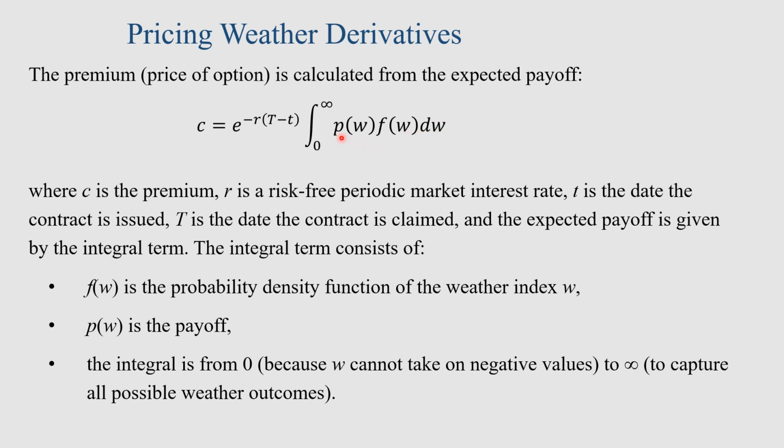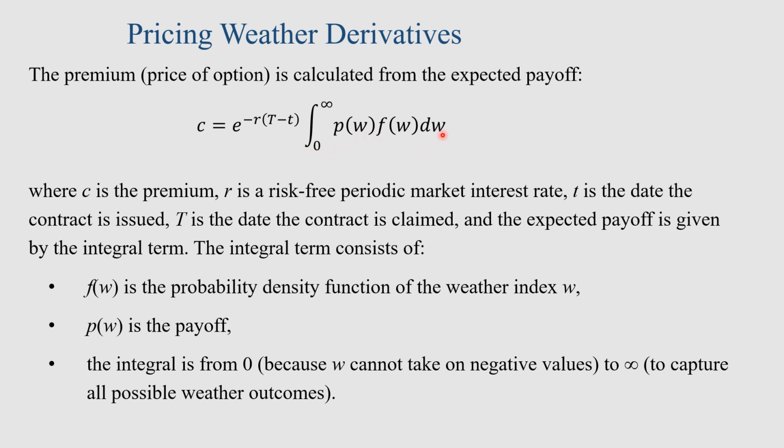So basically what we're doing is integrating the payoff under this density function. You can think of it as the probability of W occurring times the payoff related to that particular W. We take all of the possible occurrences of W and multiply them by the payoff associated with each of those occurrences.